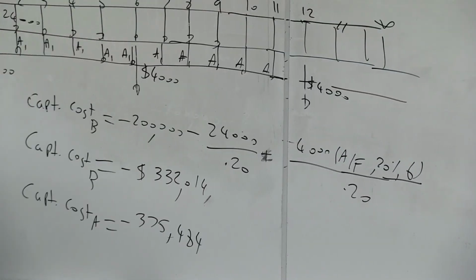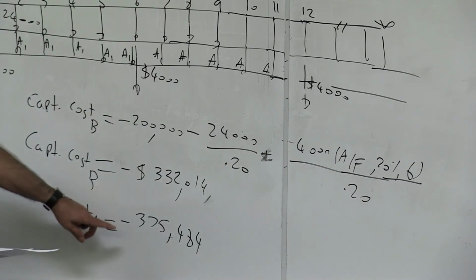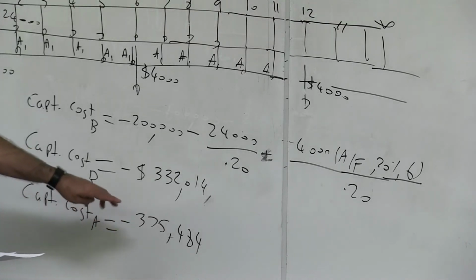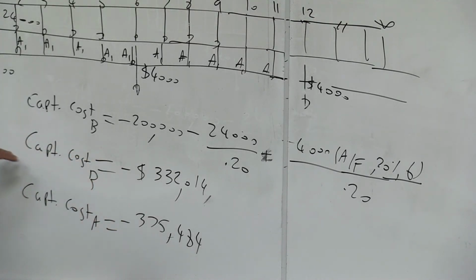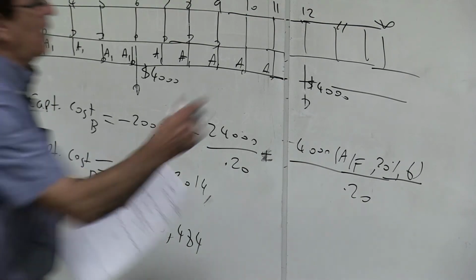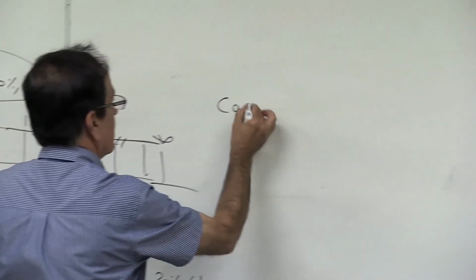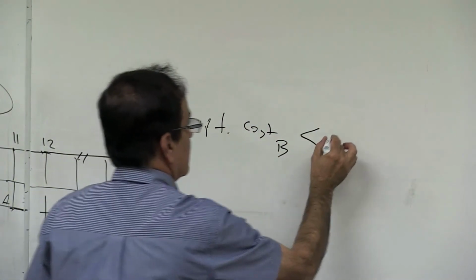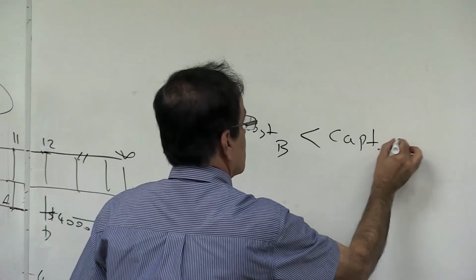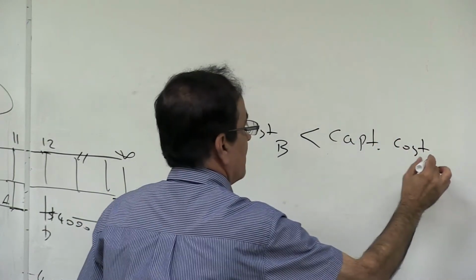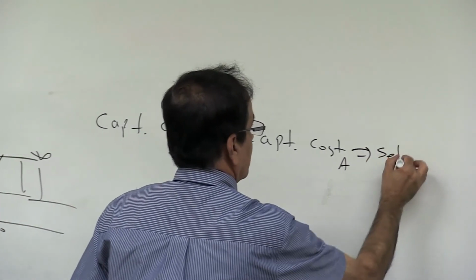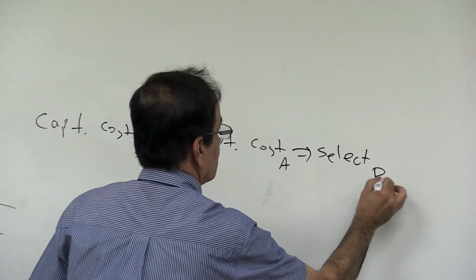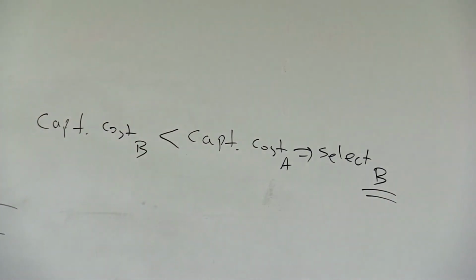The capitalized cost for alternative A was $375,484, compared to $332,014 for alternative B. Obviously, the capitalized cost for alternative B is less than the capitalized cost for alternative A. Therefore, you select alternative B here. So it means B is the better choice.